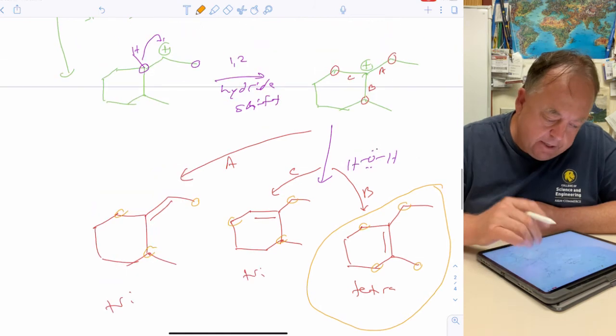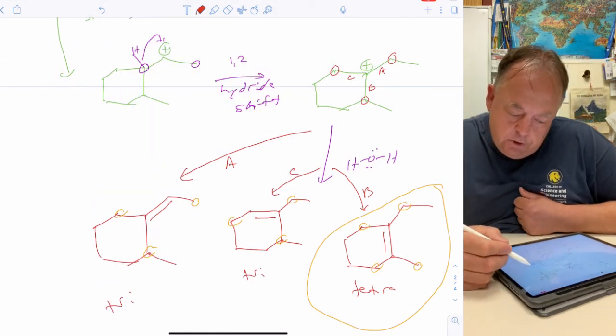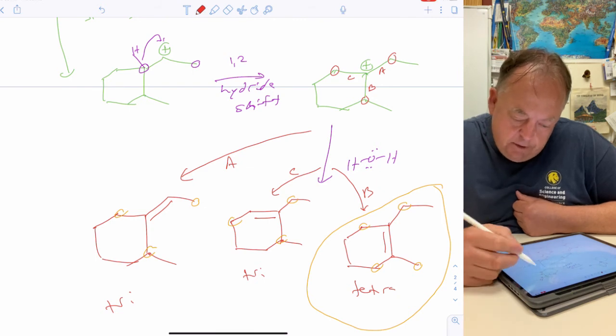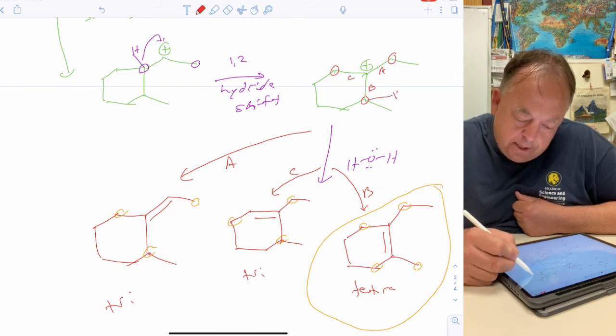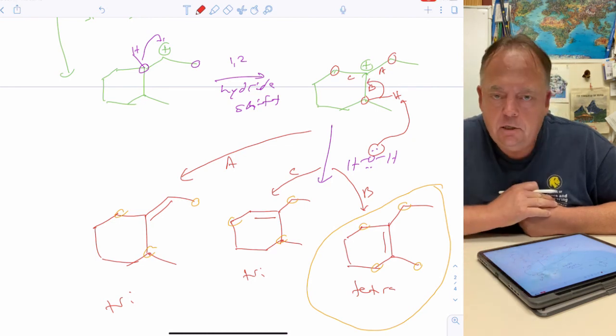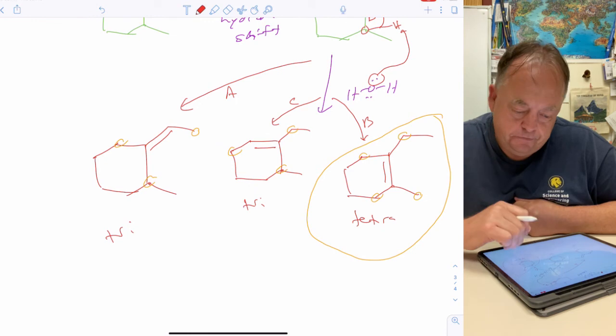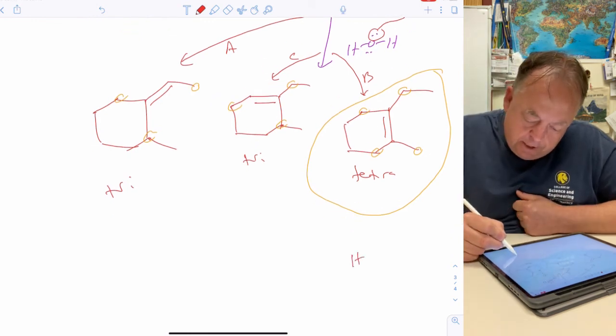And if we finish that mechanism off, how do we put the double bond at B? So we needed to lose the hydrogen on that carbon. So sketch it out. Water takes that hydrogen and the 2 electrons in that bond. We move down to make a double bond between those 2 carbons. And then that's the mechanism. So again, you don't have to show this part, but it's there.